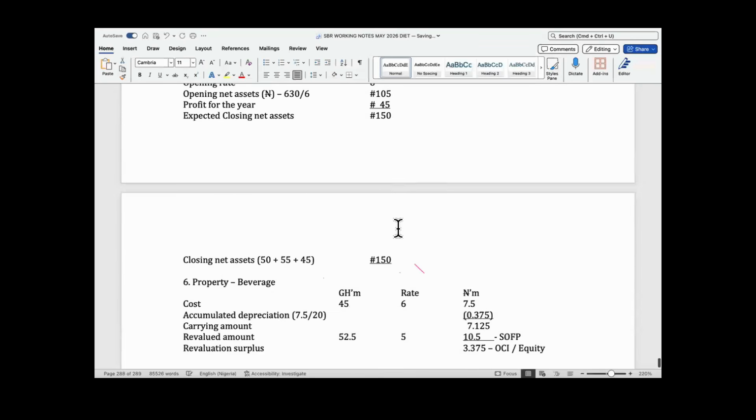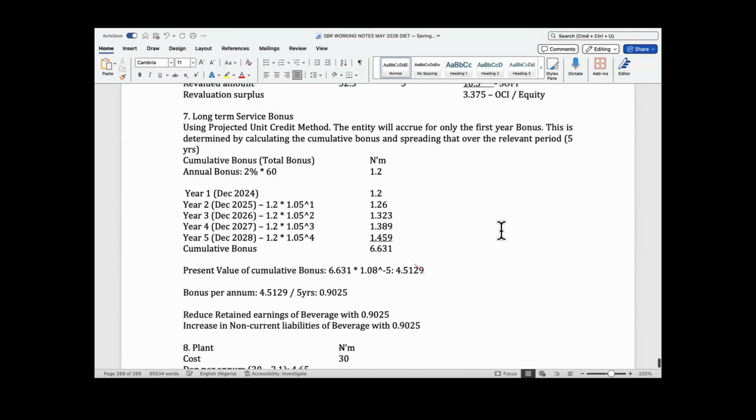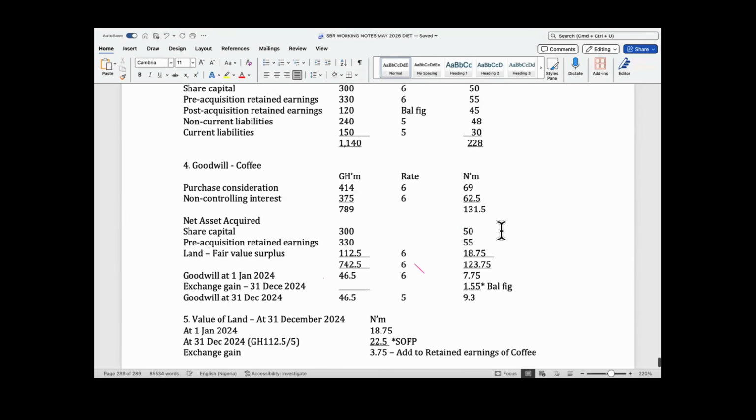That's 73.5. And this one I think is 55. Not 45, yeah. What is it? It's not 55. Is it 45?